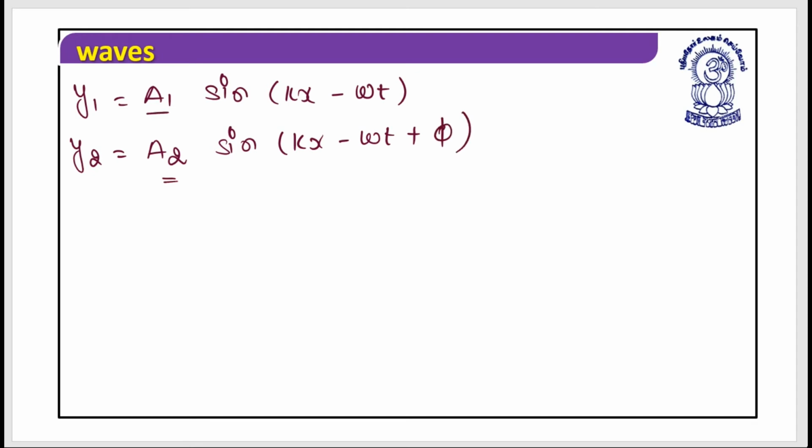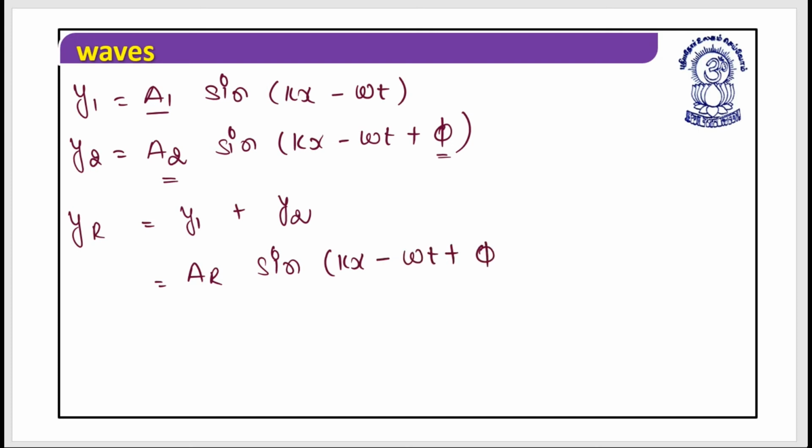So the amplitudes are different and the phase difference is phi. If I superpose these, y1 plus y2, I should get AR sine of kx minus omega t plus phi dash, and this is YR.